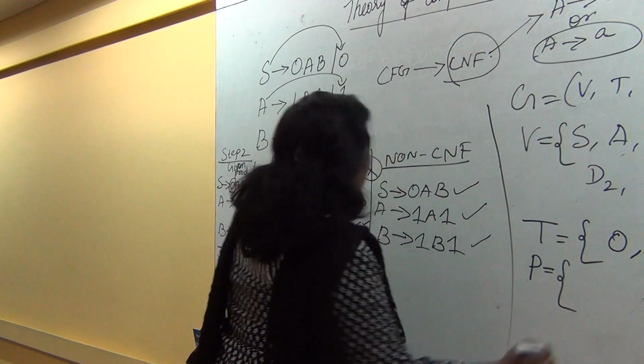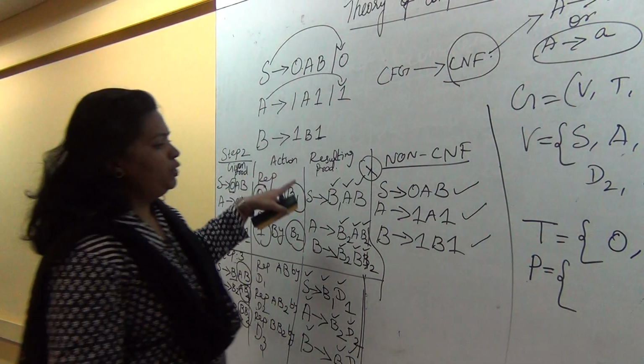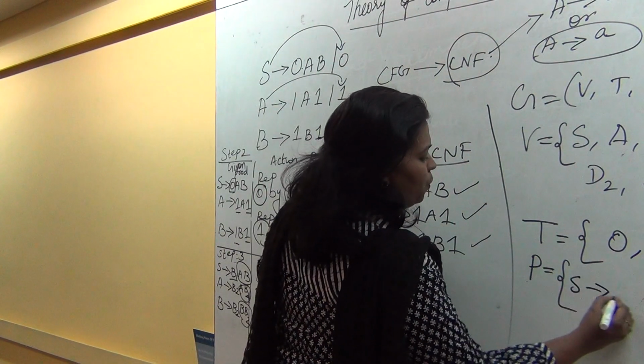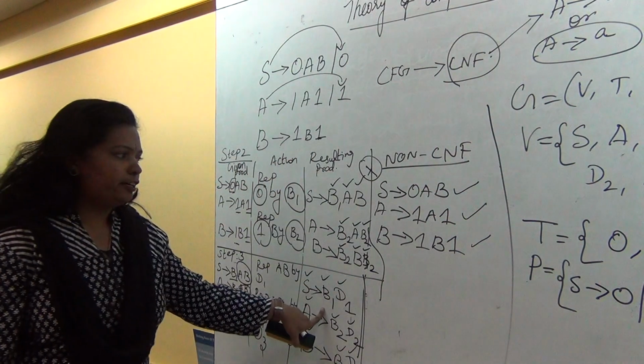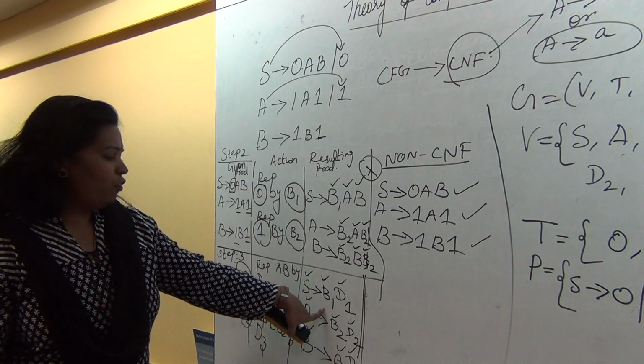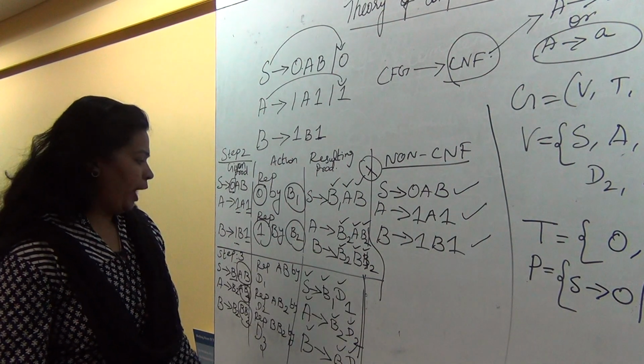We need to write all the productions we found till now. We know that S tends to 0 is already in CNF form, and the final converted CNF form for S, A and B we need to include in our new production.